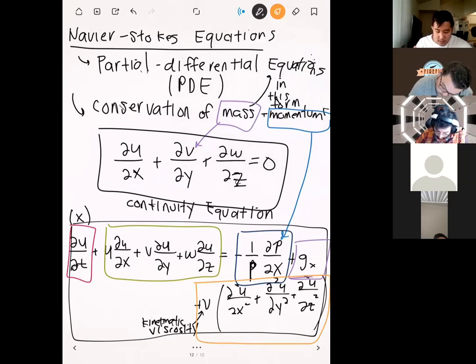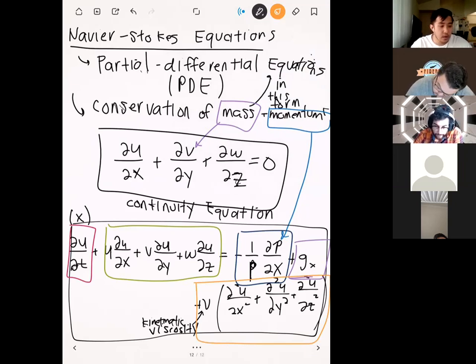I'm going to group the terms like this. First we have the term in red, then the terms in green, then the blue terms, then the purple term, then the orange term. So it's a long equation and it's big, and I know that.